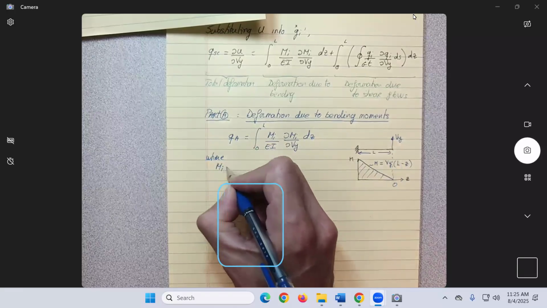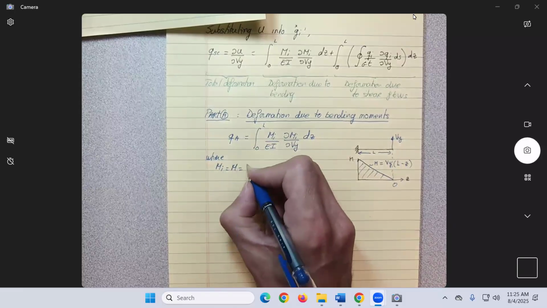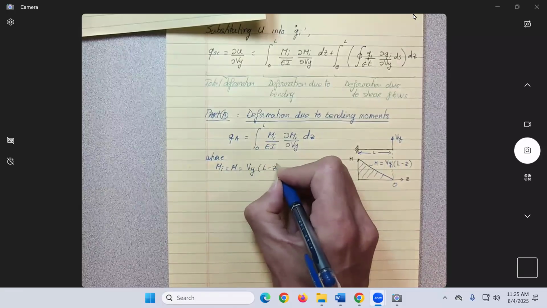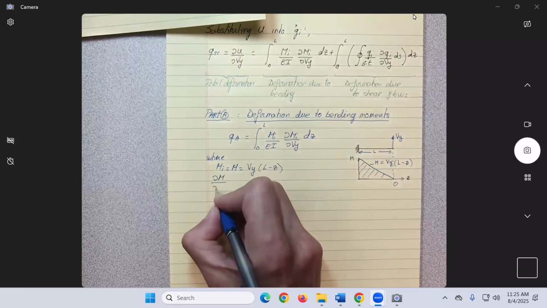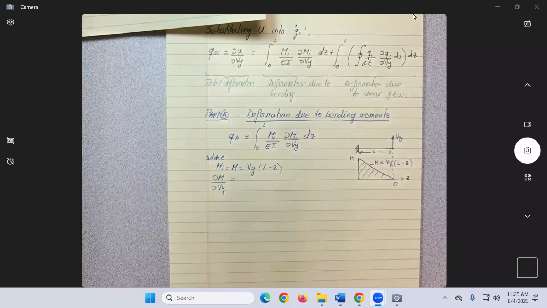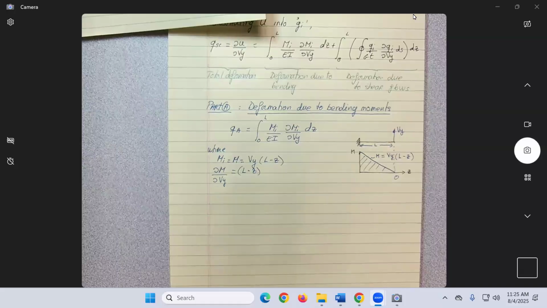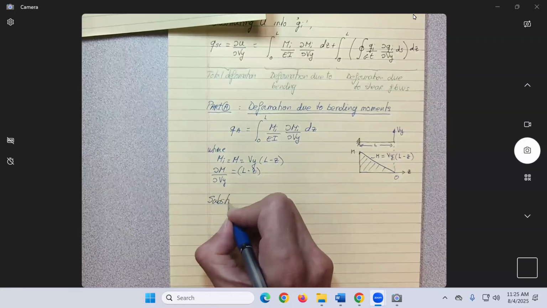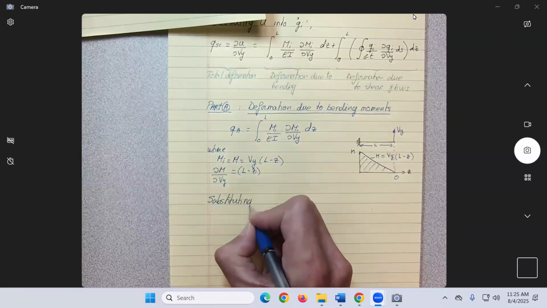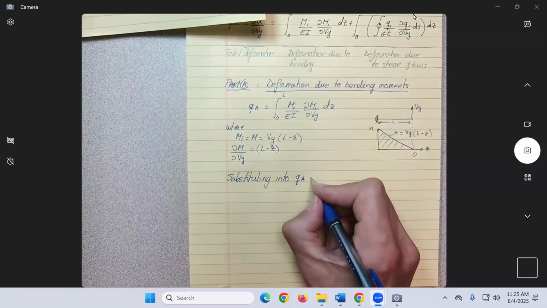Okay, so over here I'm going to say where M sub I will be equal to M, will be easier, will be equal to Vy times L minus Z. So then what would be partial of M with respect to Vy? That would be equal to what? Just L minus Z. Okay, so now we just do substituting into Q sub A. We're gonna get what?